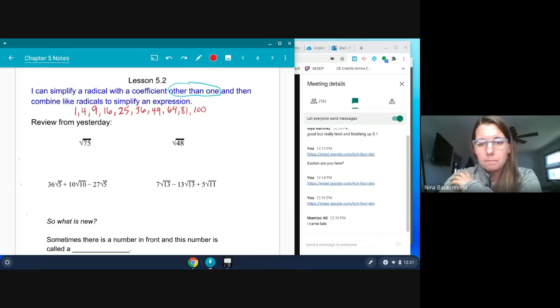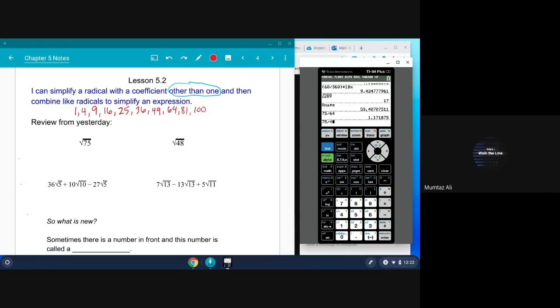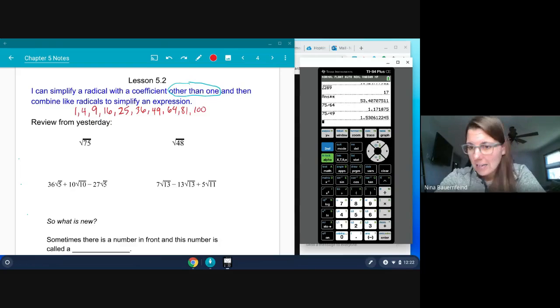Yep, 64. So 64 is closest to 75 without going over. And then what we would do is we would divide to see if it comes out nice. That's ugly. It's not an integer, so we need to test other numbers. Which number do we test next? Yep, 49. And that doesn't work. So then we just keep going down the list.